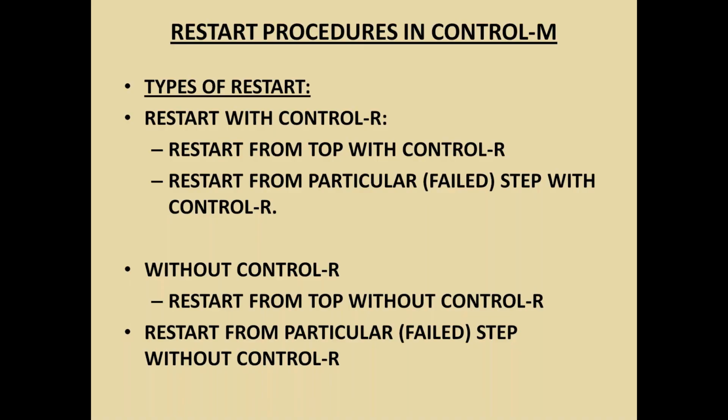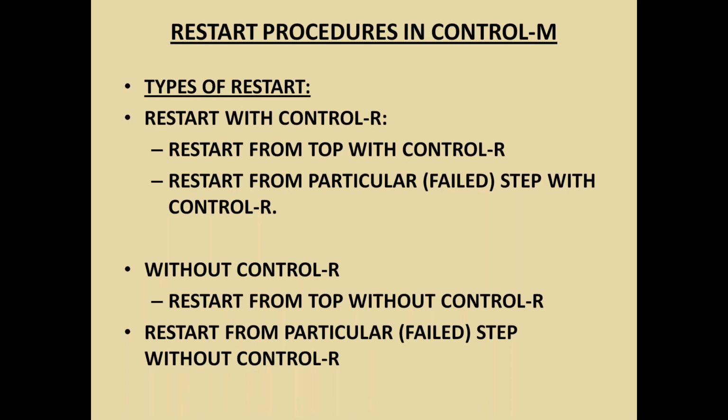Restart from top with Control-R, and restart from a particular failed step in Control-R. In Control-M restart, there are two situations where the application team, after doing some changes, will say, please submit the job again.